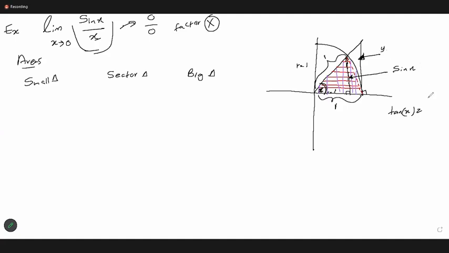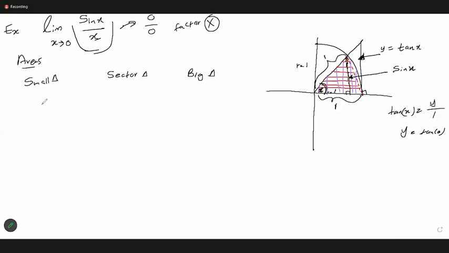Since this is unknown, I can put y here. Then y over 1, opposite over adjacent, is tan x. That means y equals tan x. Right, this is well enough.